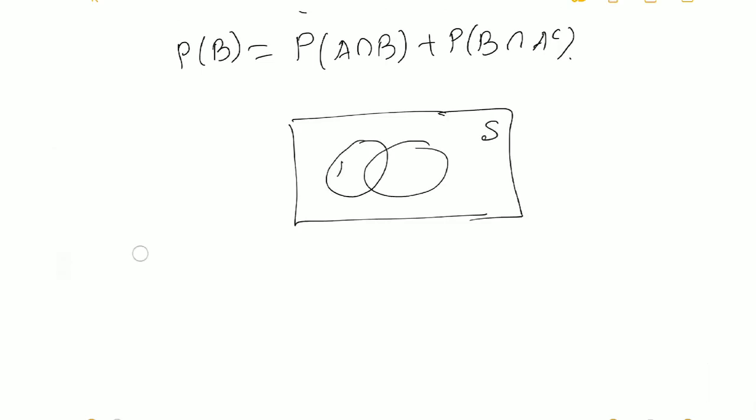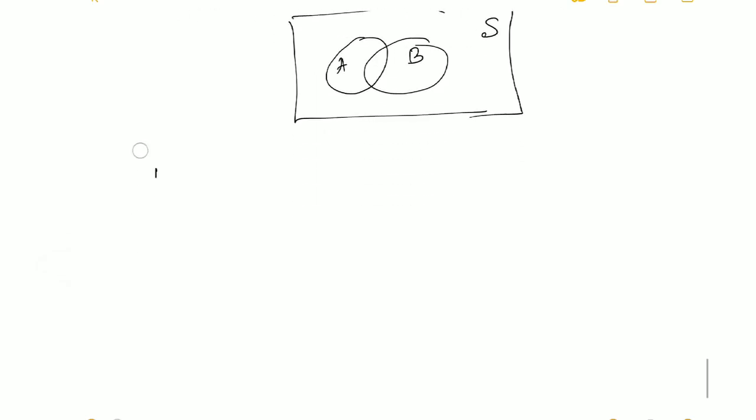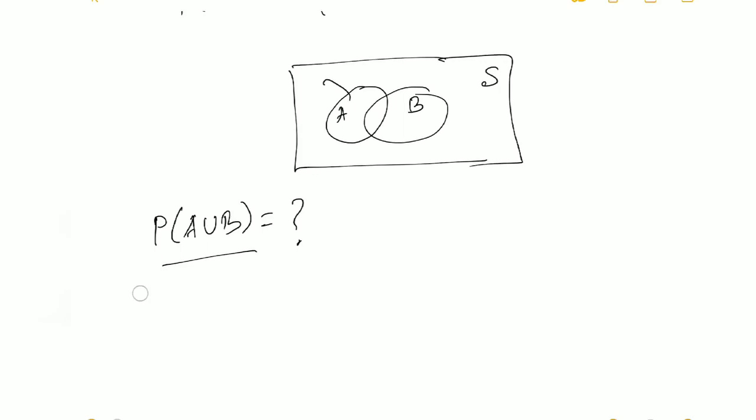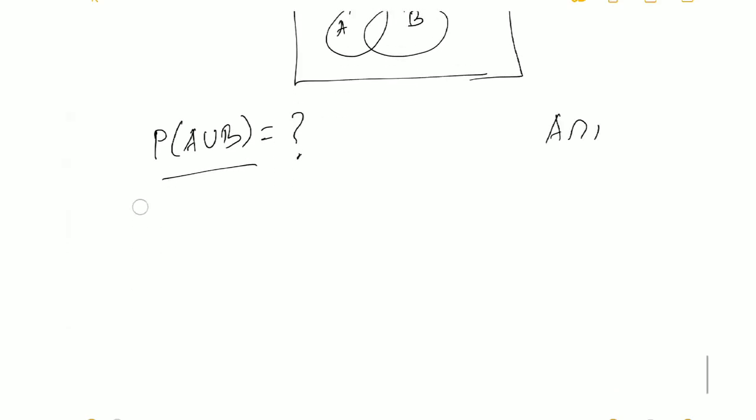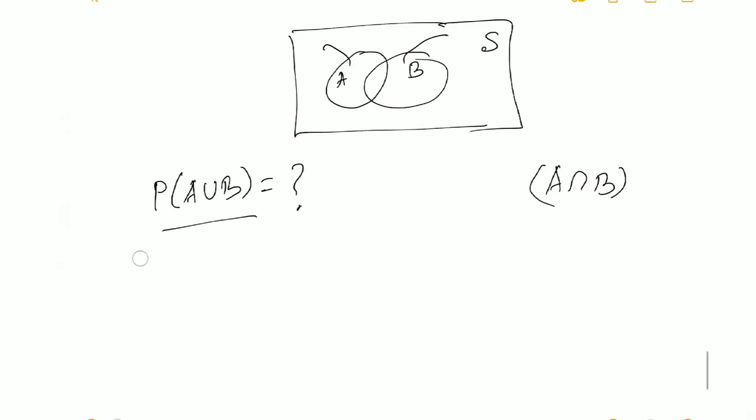Now you are about to calculate P of A union B. A union B means the probability of getting A or B, not A and B. If it was written as A intersection B, it would be the probability of getting A as well as B, which means if only A exists and B does not exist, then you don't have any favorable condition.